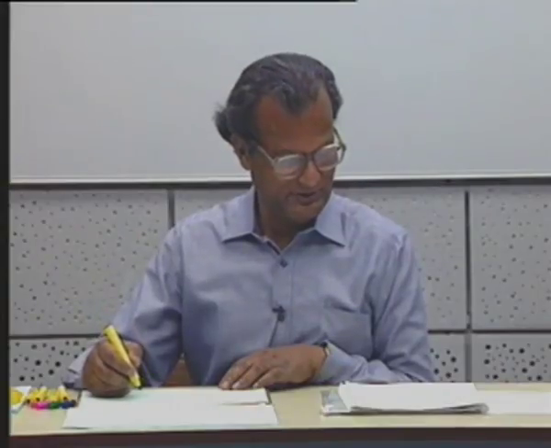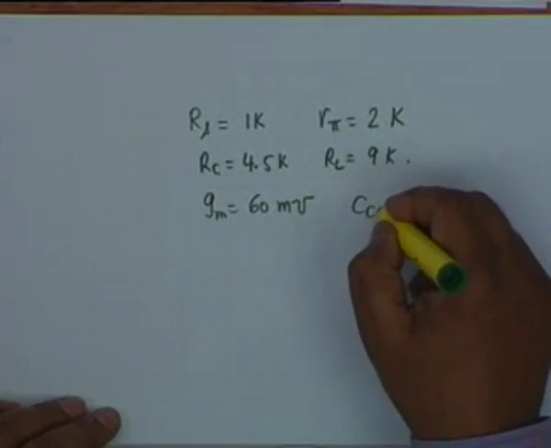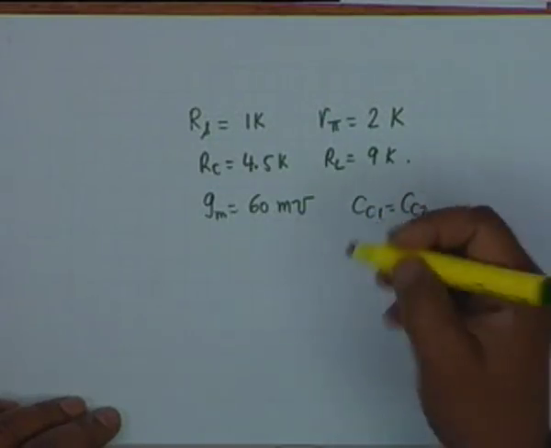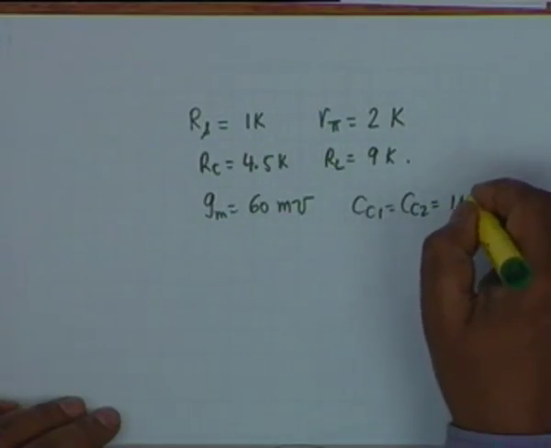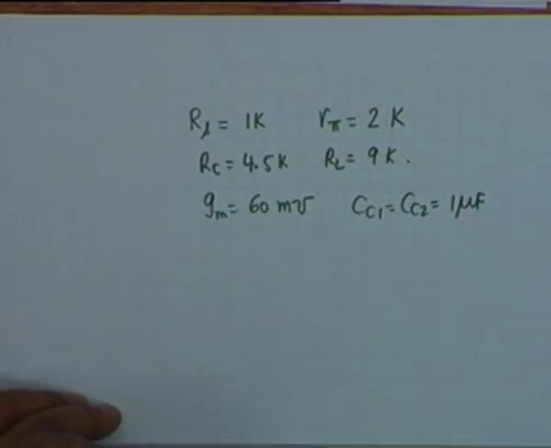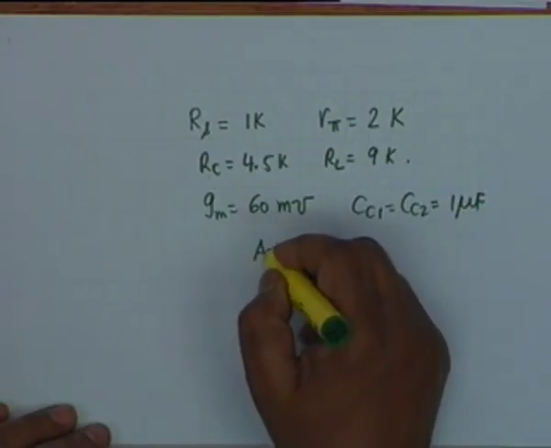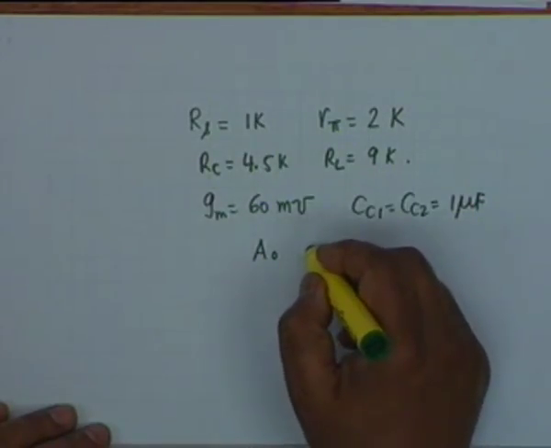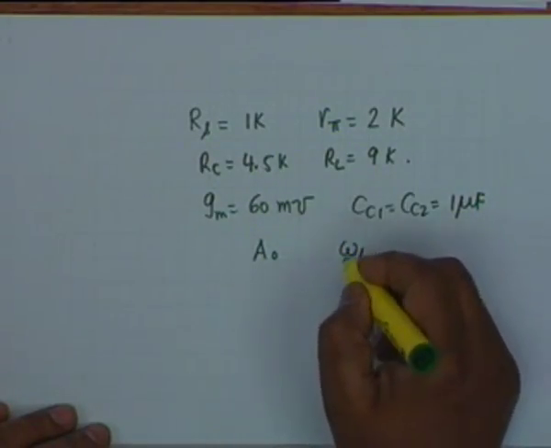Yeah, so what is I sub C? 1.5 milliampere. If GM is specified, then you know what is I sub C. If I sub C is specified, then you know what is GM. GM is 60 millimho, and CC1 and CC2 both are specified as 1 microfarad. You are required to find out A0, that is the mid band gain, and omega L.